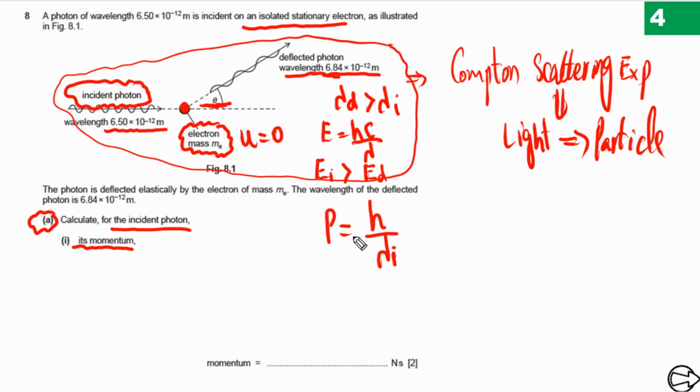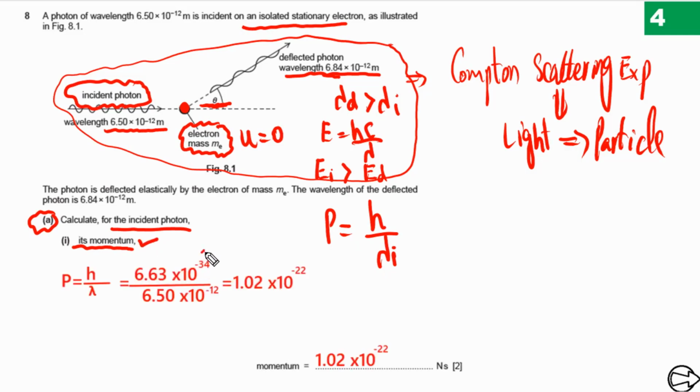We just need to plug in these values and we can calculate the momentum. Here you can see I have plugged in the values of Planck's constant and wavelength, and here is our final answer.